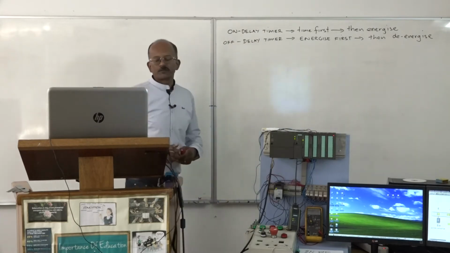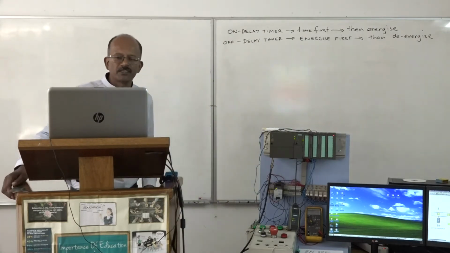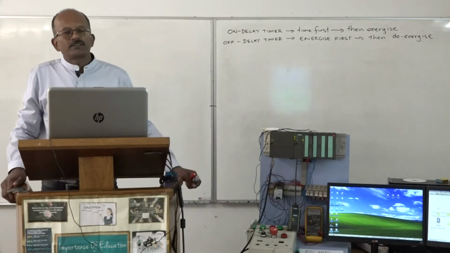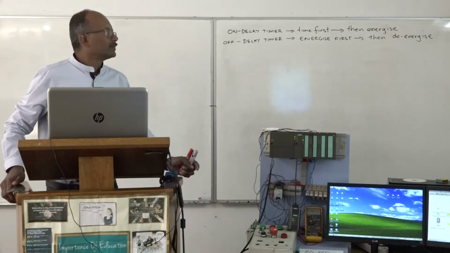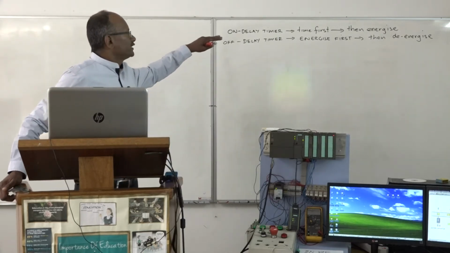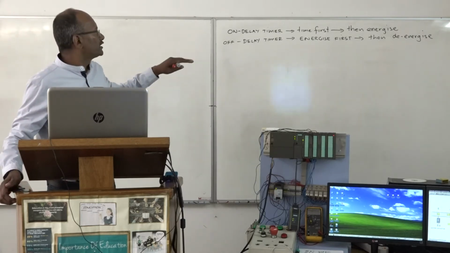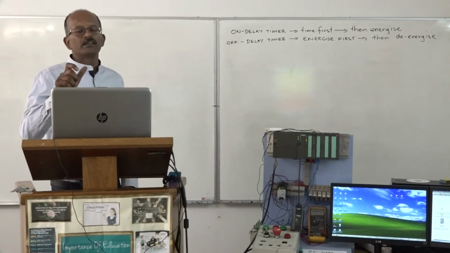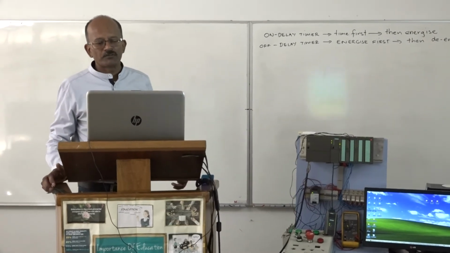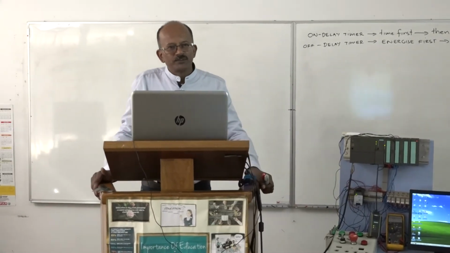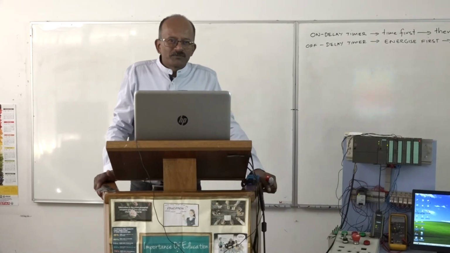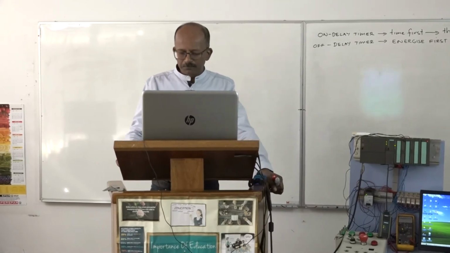Okay, so after your specific time, let's say, for example, it's a 10-second timer. If it's an on-delay timer, it will time 10 seconds and then energize. If it's an off-delay timer, it will energize immediately and after 10 seconds go off. All right? Two different timers used for two different purposes or many different purposes in PLCs.